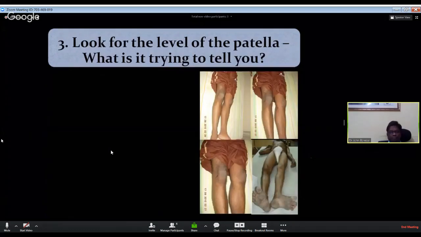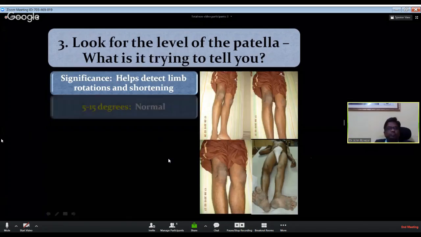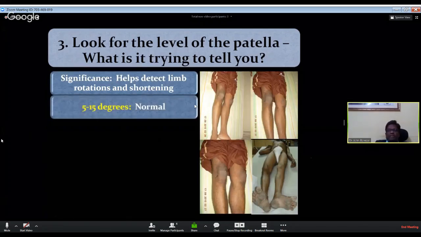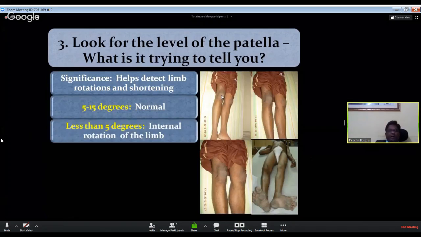Now, look for the level of the patella. What is it trying to tell you? What is the significance of this? It helps you detect the limb rotations and shortening. If the rotation is 5 to 15 degrees, that is normal. If the rotation is less than 5 degrees, then it is internal rotation of the limb.